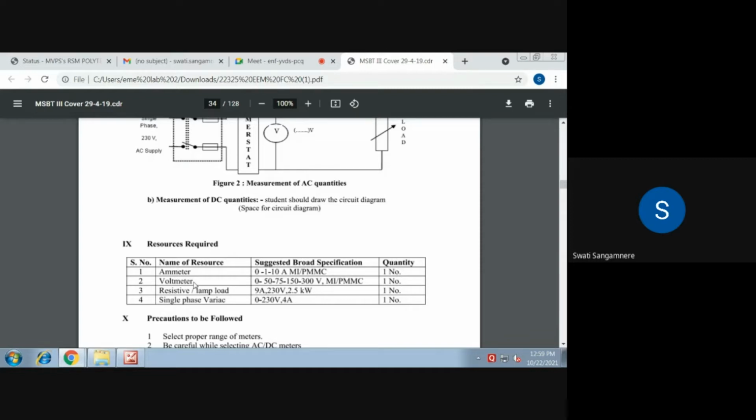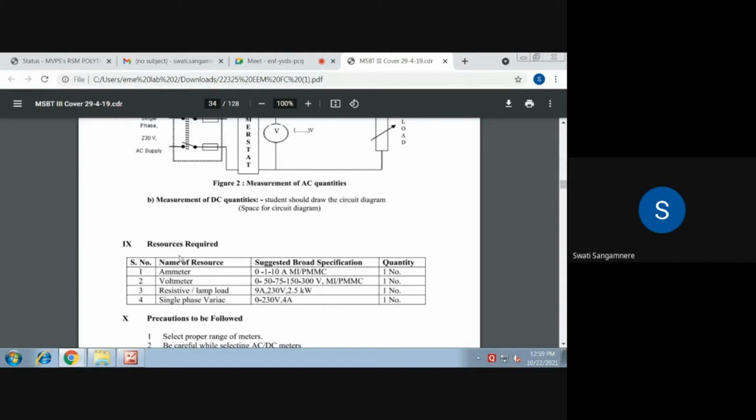Then voltmeter 0 to 50, 75, 150 or 300 volt, quantity 1. Then resistive load bank or lamp load, 9 ampere to 30 volt, 2.5 kilowatt, quantity 1. And then single phase variac 0 to 230 volt, 4 ampere, quantity 1.